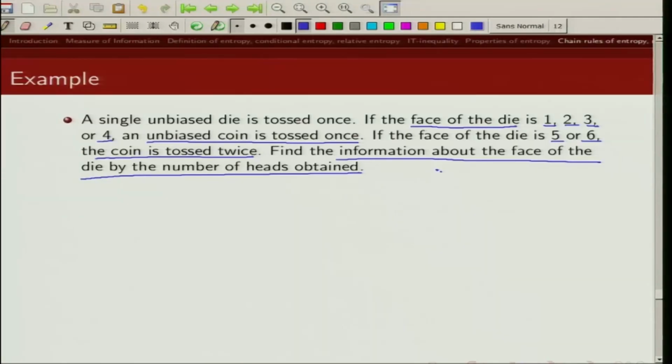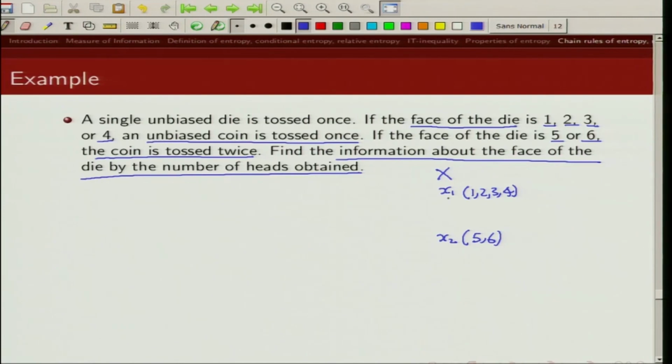You can think of it basically as input x being the outcome of the dice. There are two possible outcomes, x1 and x2. If the dice outcome is 1, 2, 3 or 4, that is one possible outcome, and if the dice outcome is 5 or 6, that is the other.